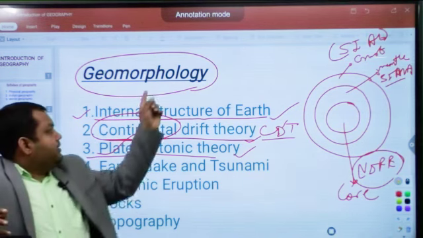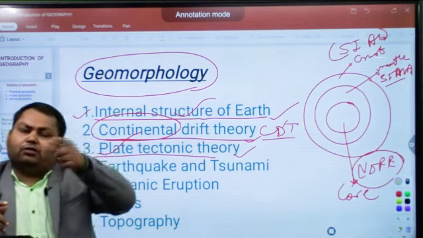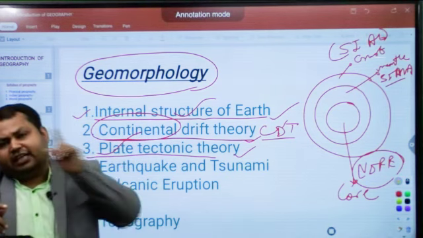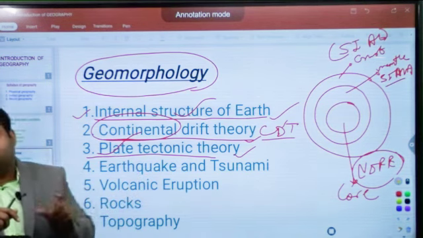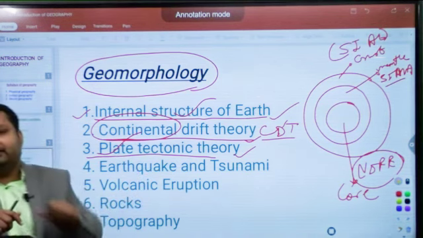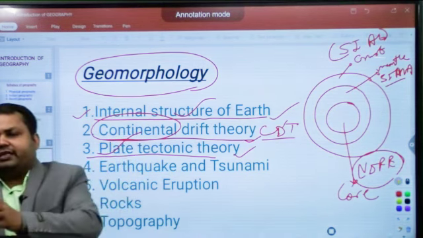What we will study in the internal structure of earth is the generation and origin of the convection of magma. And the convection of magma is responsible for the movement of the outer shell of the earth, which has been considered as the plate according to the scholars of plate tectonics.